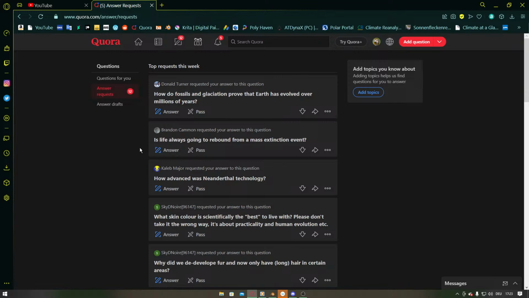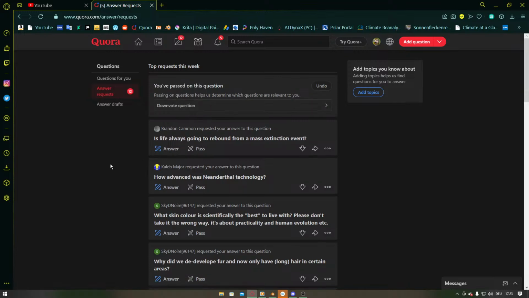Fossils prove it by finding similar fossils, for example, at the east coast of South America and the west coast of Africa. But how does glaciation prove it? Because glaciation doesn't last that long. Someone else shall answer that.